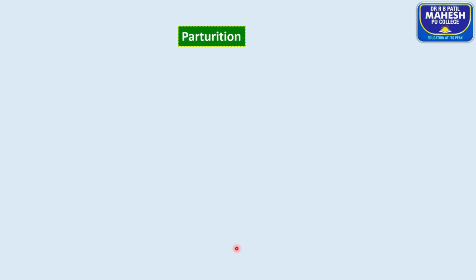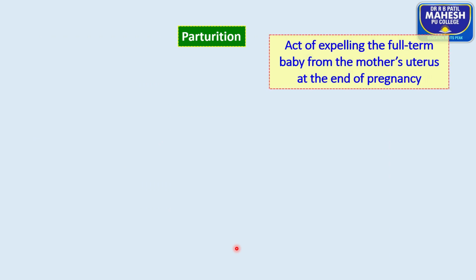So the question arises, what is parturition? The process of expelling the full-term baby from the mother's uterus at the end of pregnancy is called parturition, or the process of delivery of the baby is called parturition.